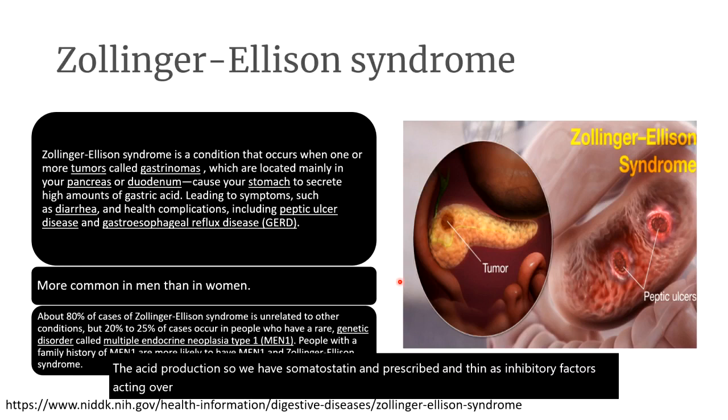So people with a family history of MEN1 are more prone to have Zollinger-Ellison syndrome. It's also more common in men. So the mnemonic that I can use will be: Zollinger-Ellison syndrome is common in MEN1. It's more common in men with the MEN1 gene mutation.